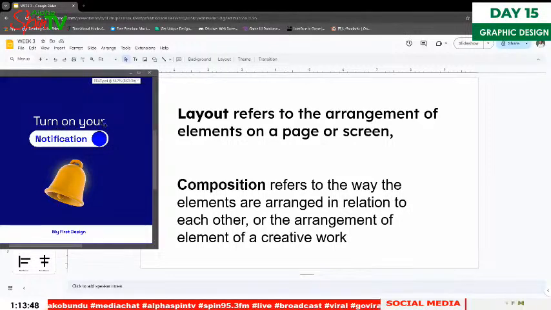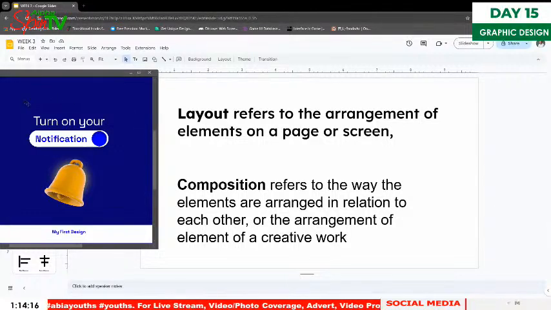From "turn on your notification" to the bell, and this my first design. You can see that everything is in the center. Nothing here, nothing here. What do we call these spaces that are here? What do we call these spaces?